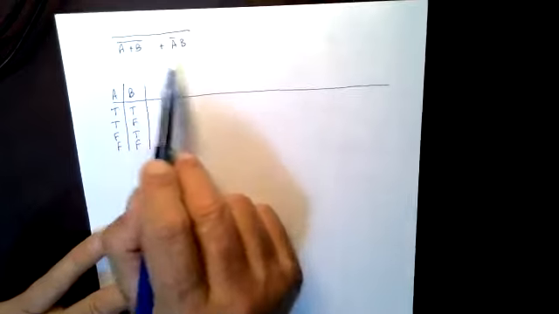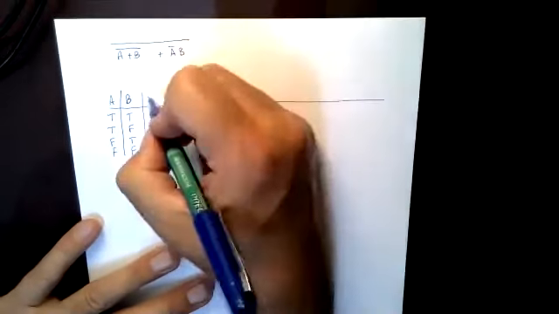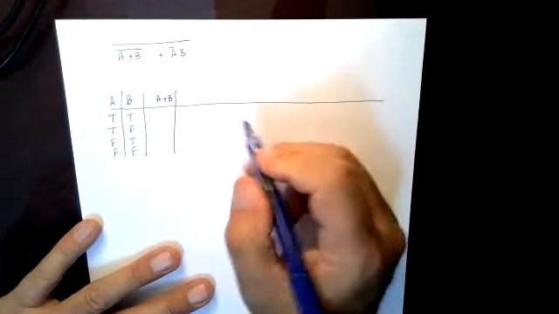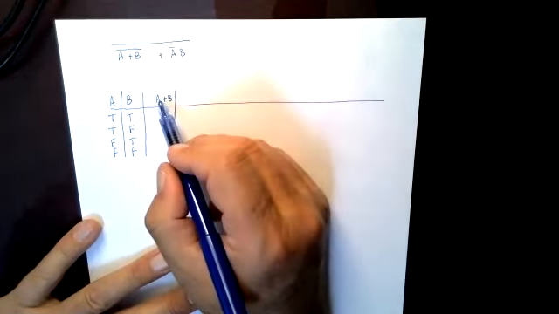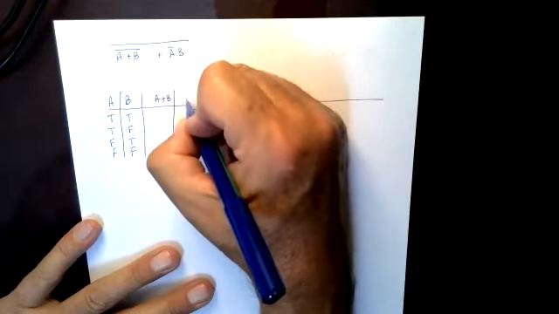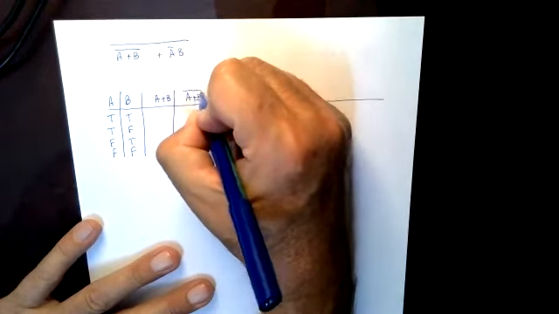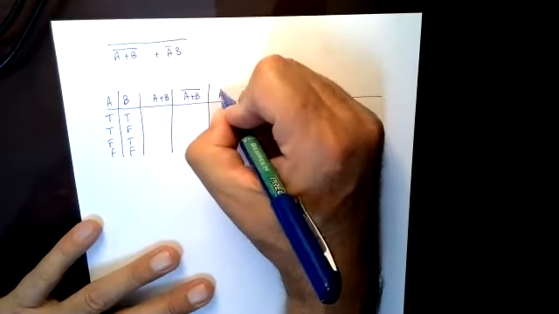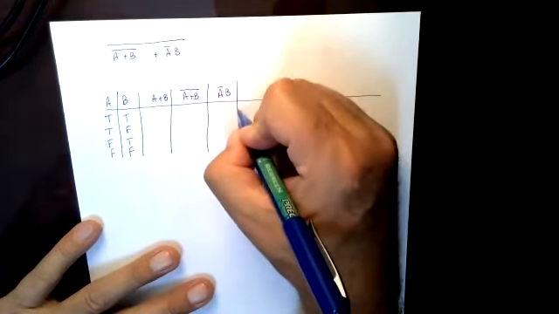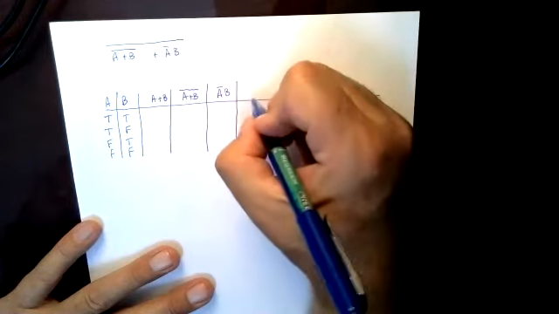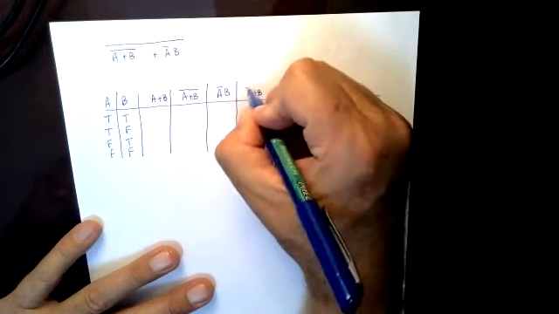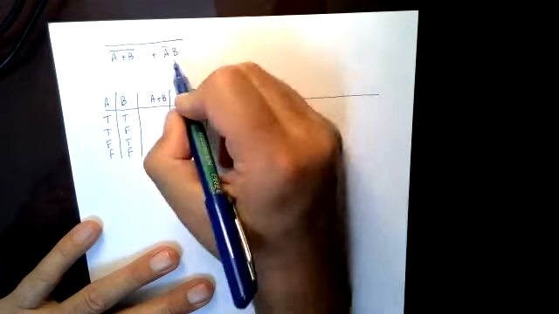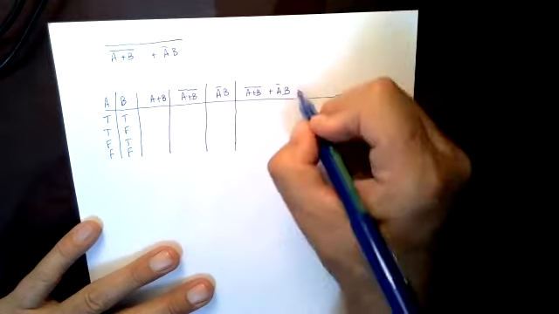I want to know, when is this guy going to be true? So the first thing I'm going to do is find out what A plus B is. That's my plan. Then I'm going to take that and knot it. So I'm going to take that column and knot it. Then I'm going to do A not B. Then I'm going to do A plus B naught, which is this column, plus A not B, which is that column.